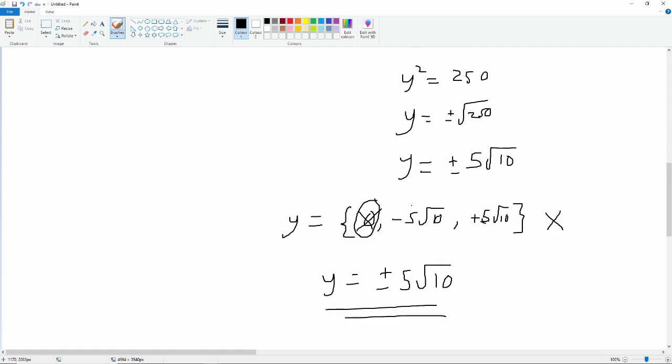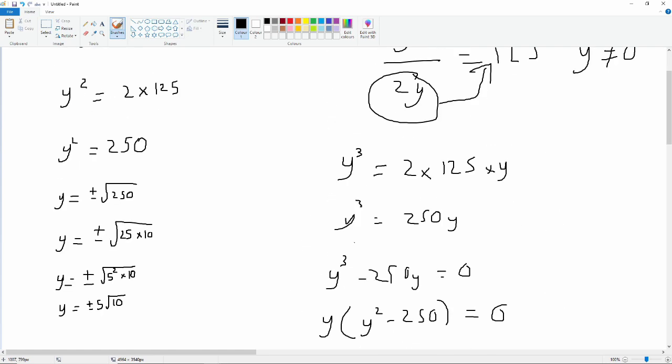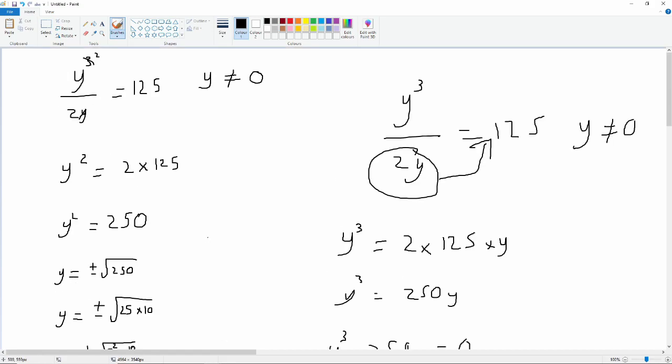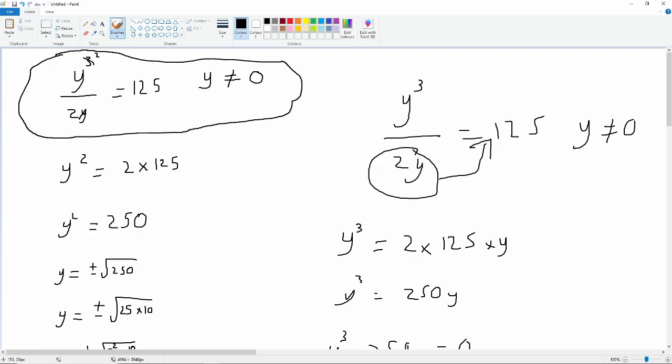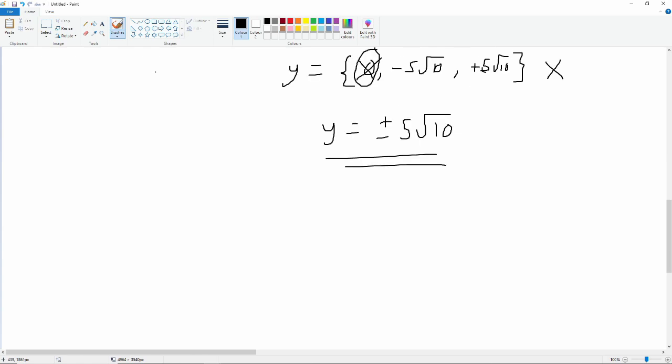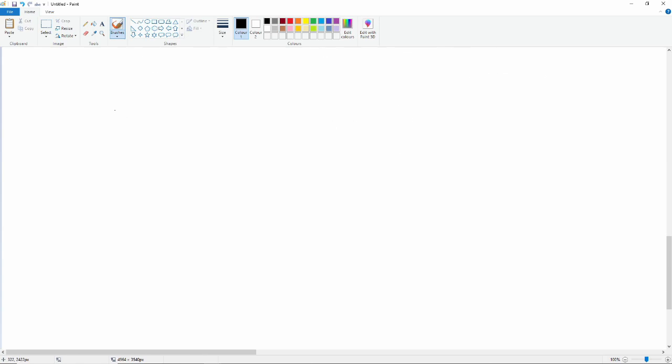Okay, one more thing before I go. Let's pretend that this was not the original question. Let's pretend that our question was y cubed equals 250y. Now it is not okay to cancel y from both sides.